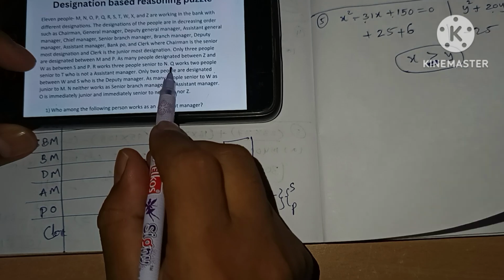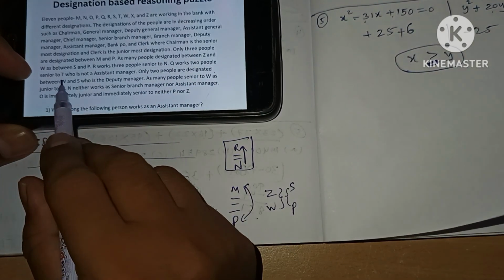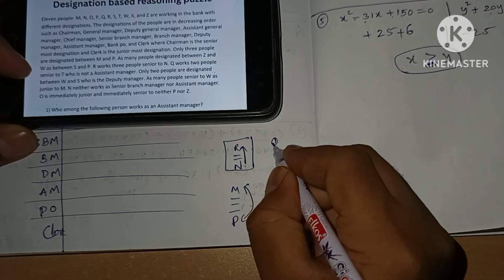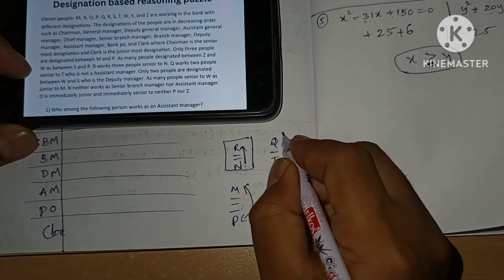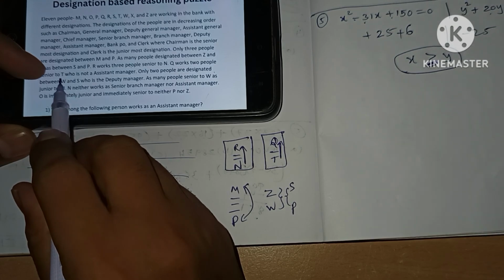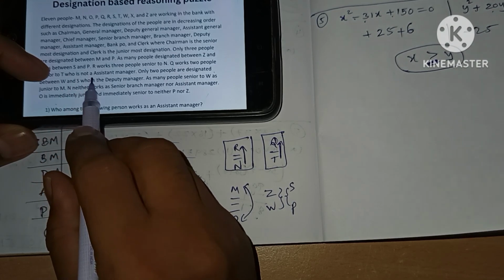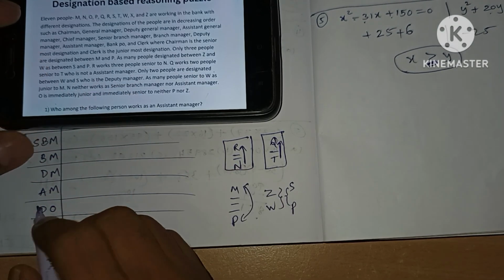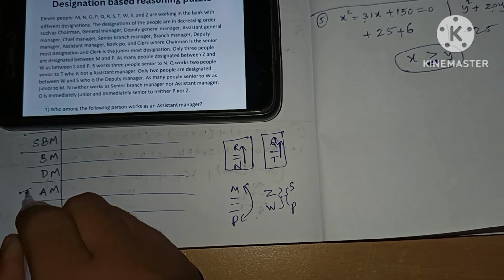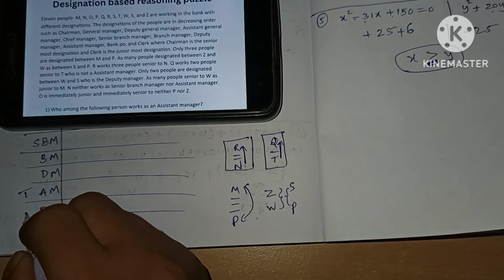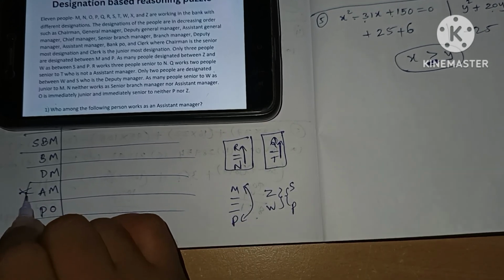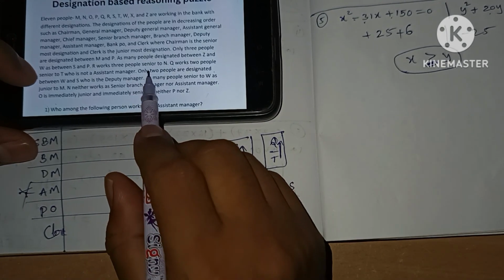Okay. Q works two people senior to T. This one. T is not an assistant manager. So this is not the place for T. Not the place for assistant manager, not the place for T. Okay.